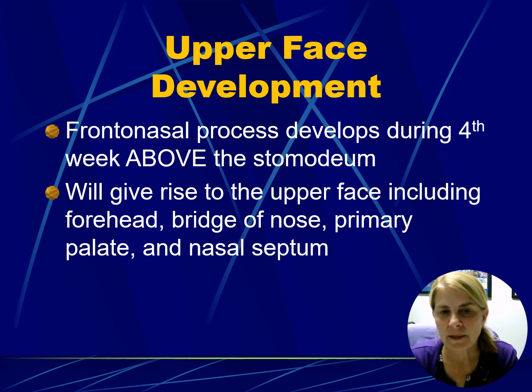Upper face development starts with the frontal nasal process developing during the 4th week above the stomodeum. Remember I said that the mandibular process is moving out anteriorly, and then we've got the frontal nasal process coming up and over. That will give rise to the upper face, including the forehead, the bridge of nose, the primary palate, and the nasal septum.